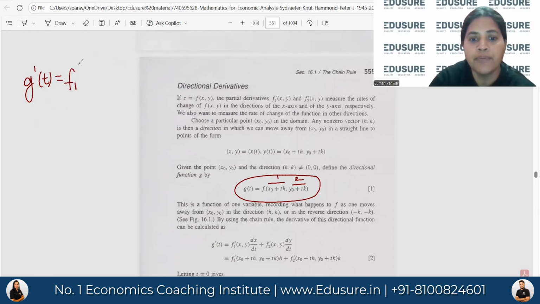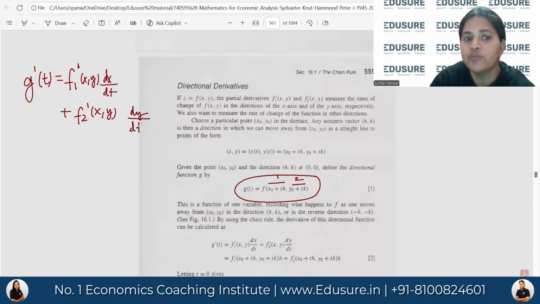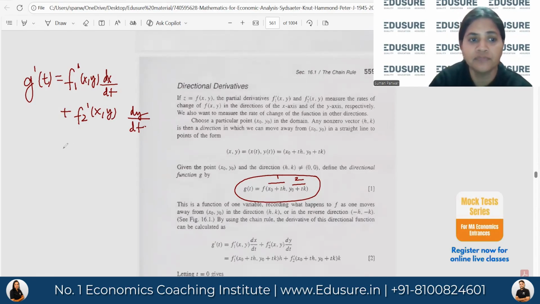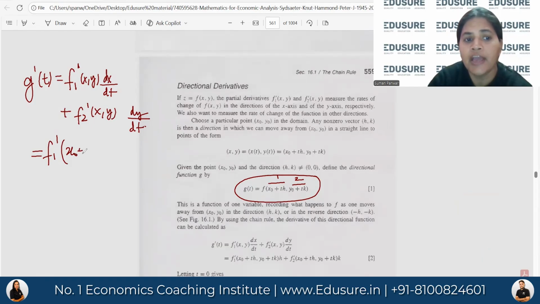So f1 prime x, y dx by dt plus f2 prime x, y dy by dt. This is according to the chain rule. Now f1 prime means I am differentiating with respect to the first variable, that is x, which is x naught plus th. So I can write it as f1 prime of x naught plus th, y naught plus tk, and now x is a function of t.